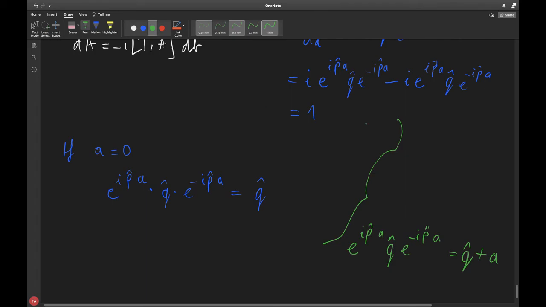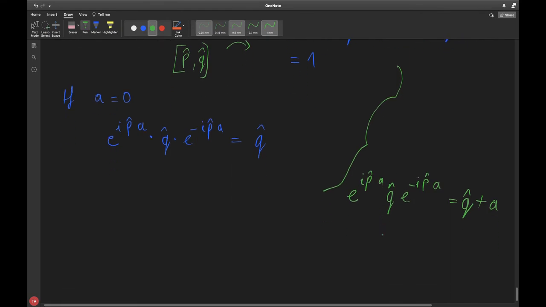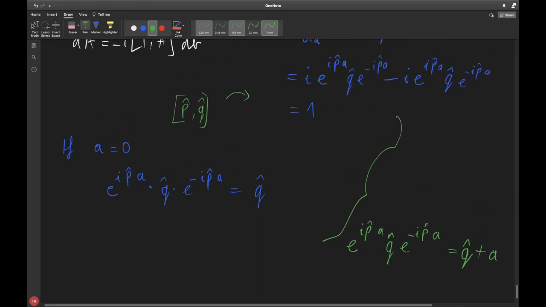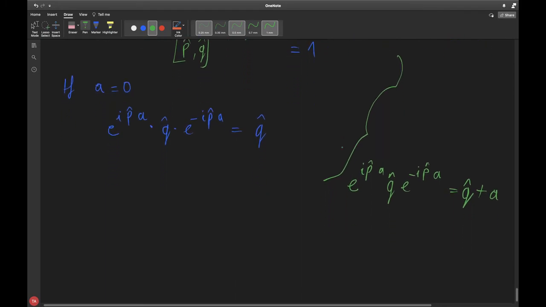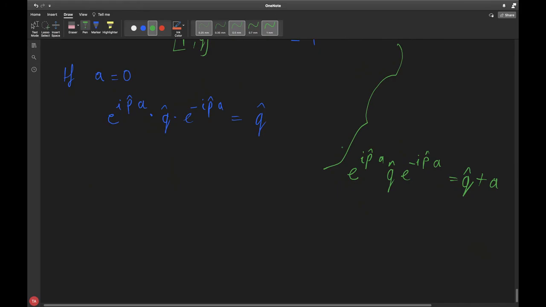Maybe we should say that at this point we also used the relationship between P and Q, and we could say that we got to this result. If a is 0, then we get back Q, so we obviously multiply with the a and also put it here. The Q minus the inverse, which is going to get to minus a, then that leads to a 0 with the a factor.